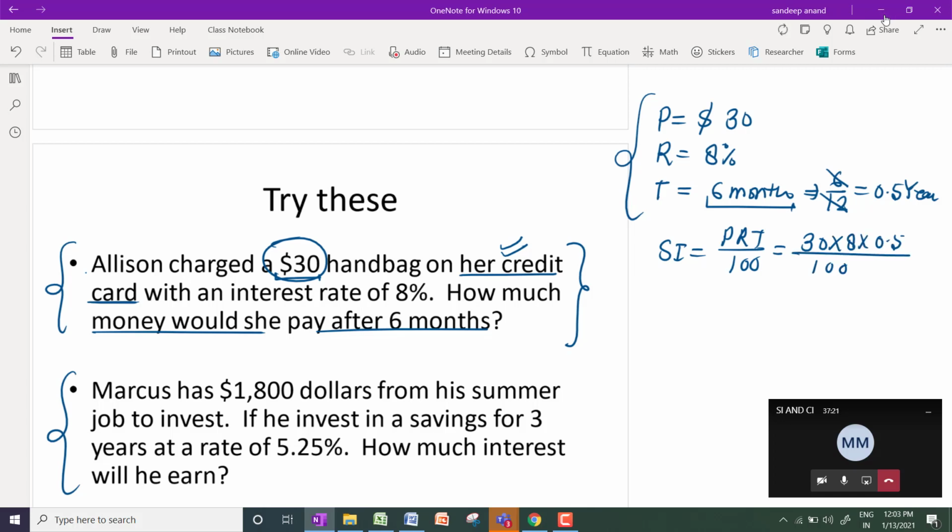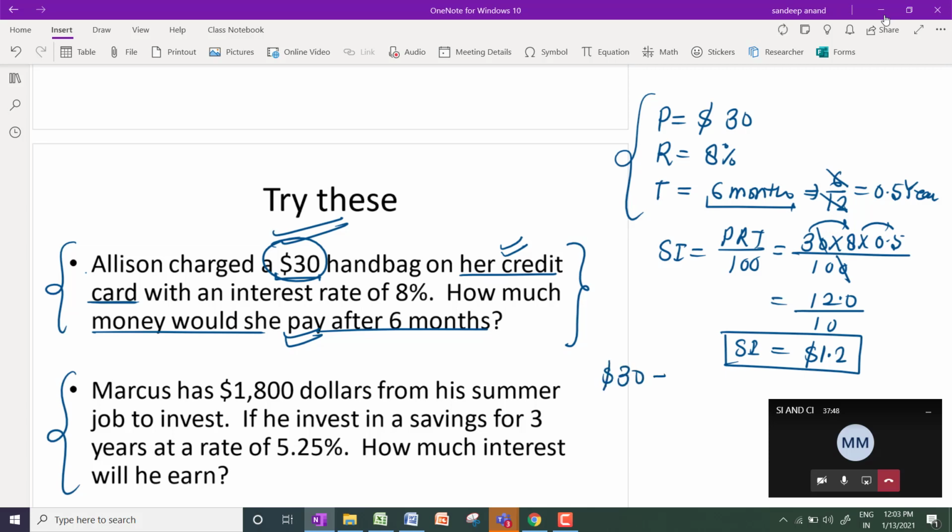Divide by 100. 24 fives are 120, so it comes to 120, decimal place, $1.2. But this is not what the question asks. After 6 months, how much does she pay? So the $30 she borrowed plus the interest 1.2 comes to $31.2.